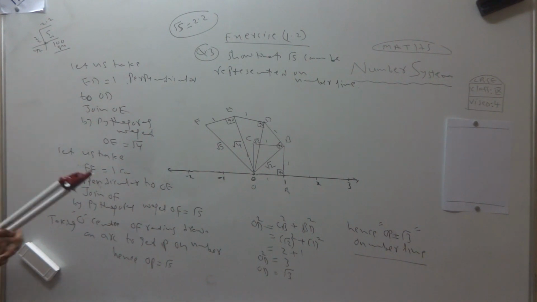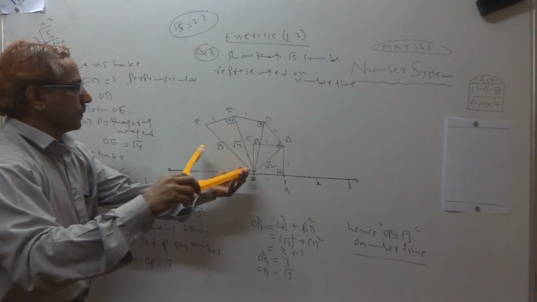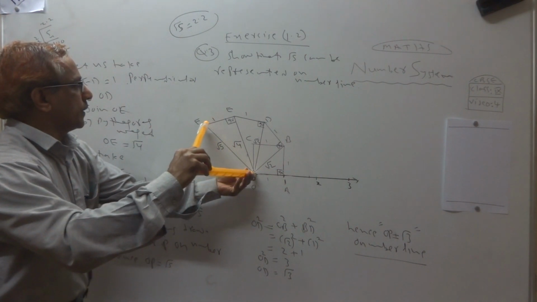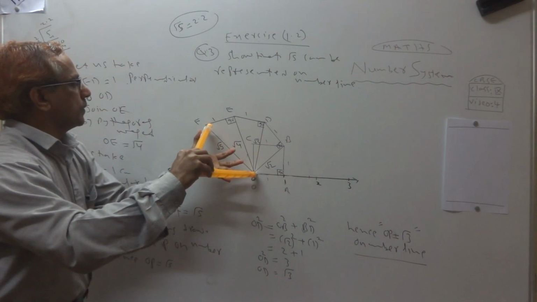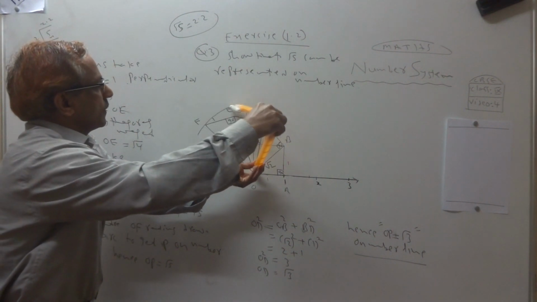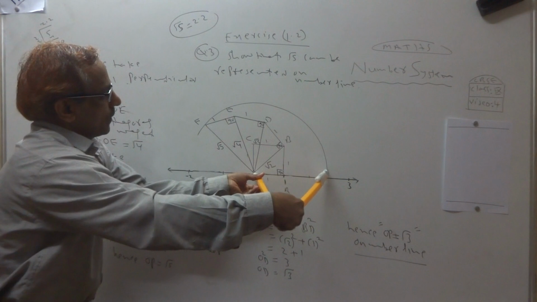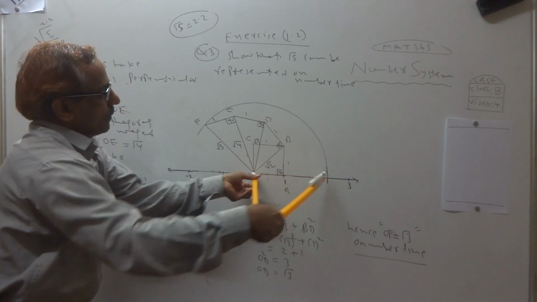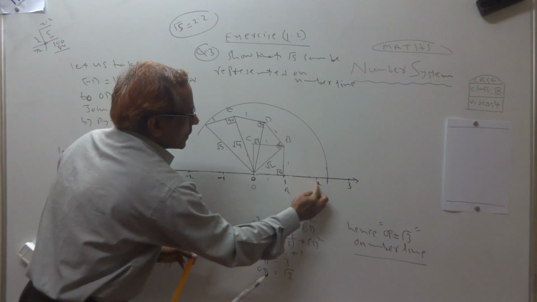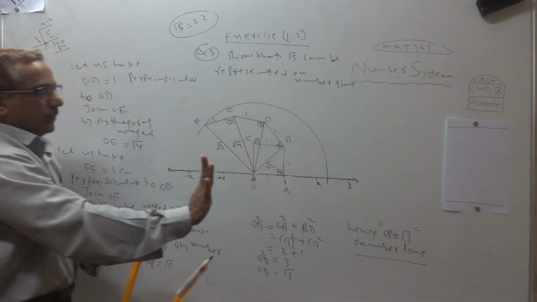So now I am using the compass. Take O as center, OF as radius, because OF is root 5. Now draw one arc like this. So we are getting nearly 2.2, 2.3.